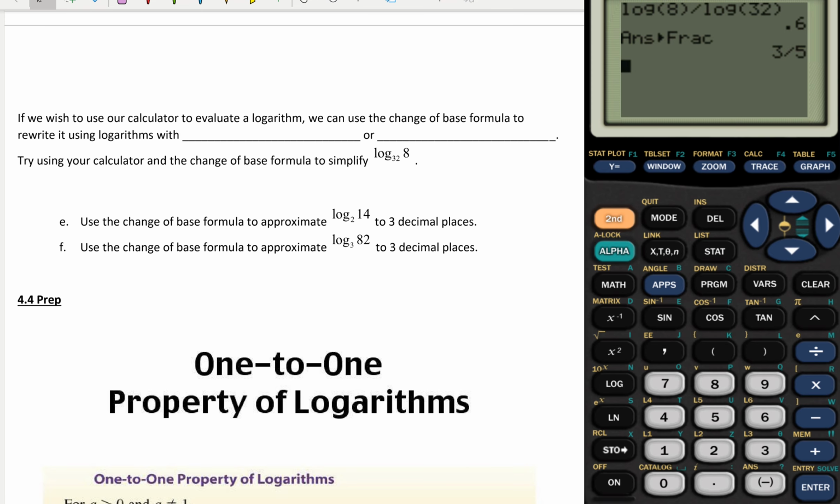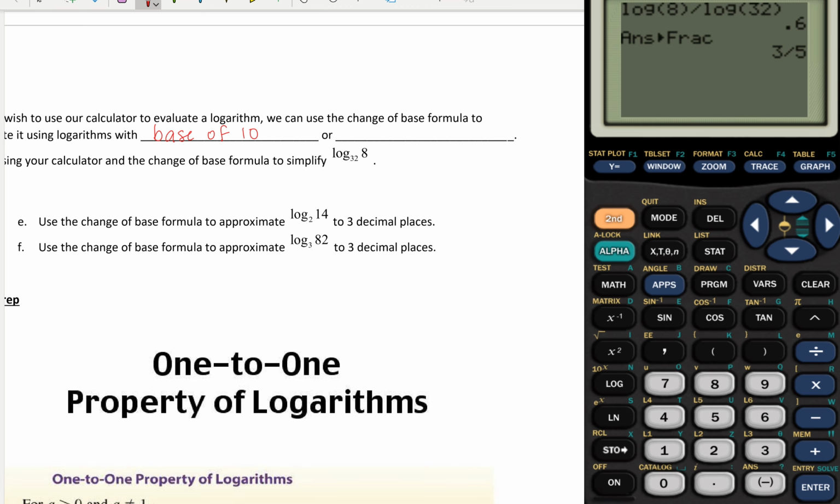So if we wish to use your calculator to evaluate a logarithm, you can use the change of base formula to rewrite it using logarithms with base of 10, or we can use a base of e. Sorry, I do cursive ln's. This one is a log of 10.